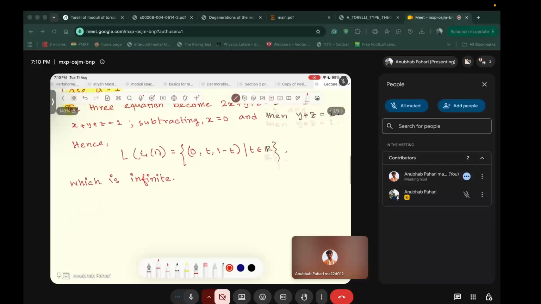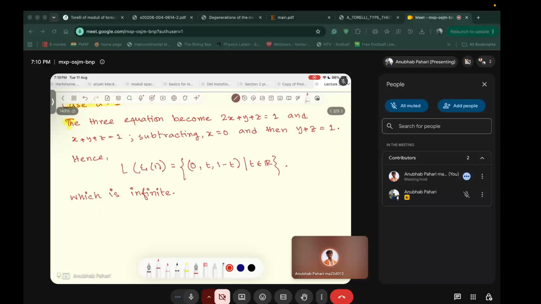Now we move to our second case, that is case a not equal to 1.